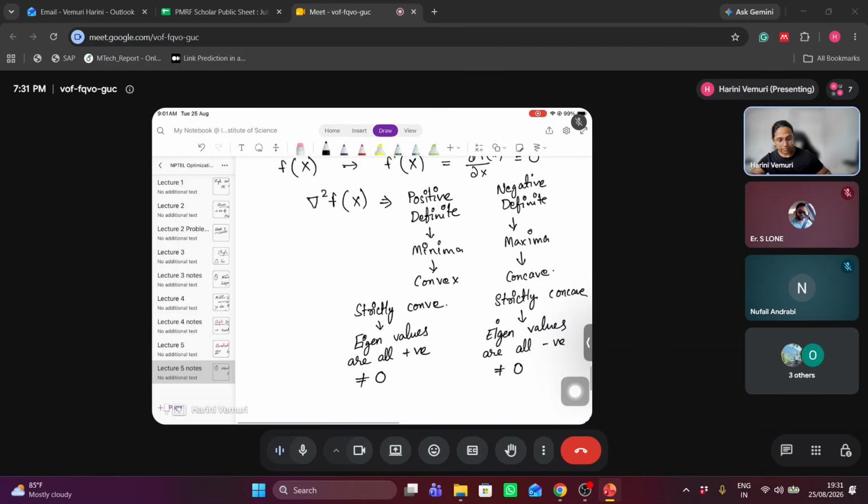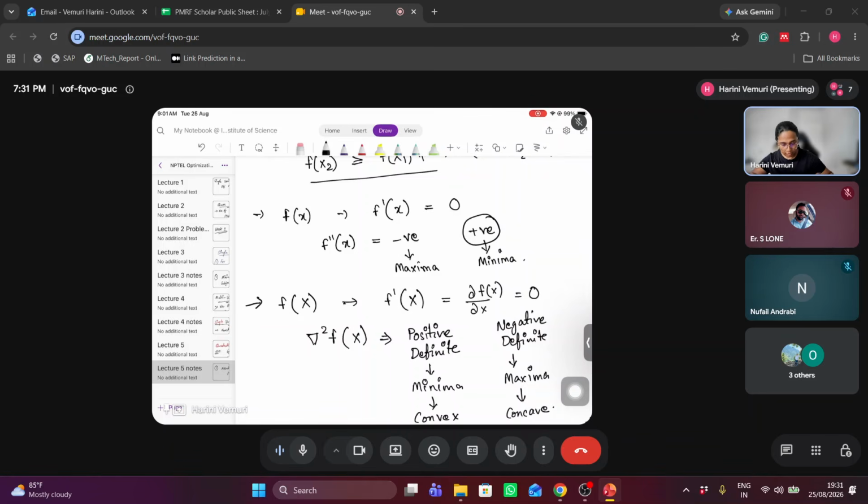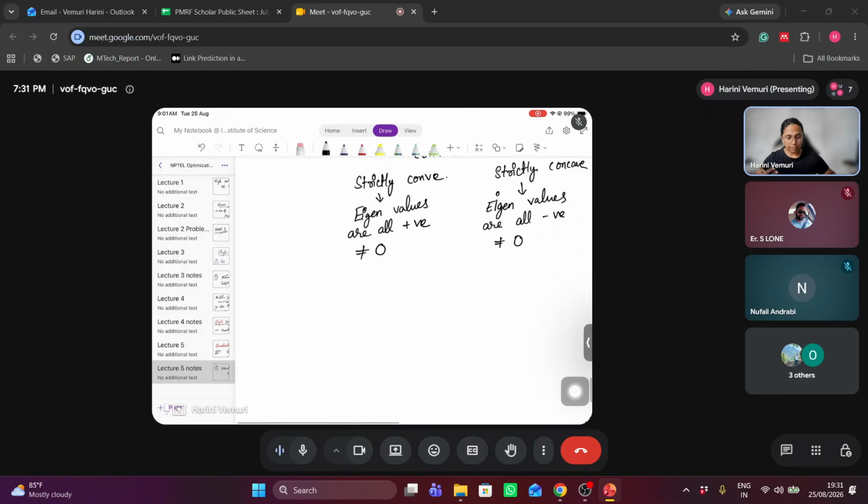This is clear. Just like from the single variable problem, you can get an understanding of multivariable also. But in this case, we use eigenvalues because we cannot get a constant value for a matrix, right? So we look into eigenvalues to get an idea of it.